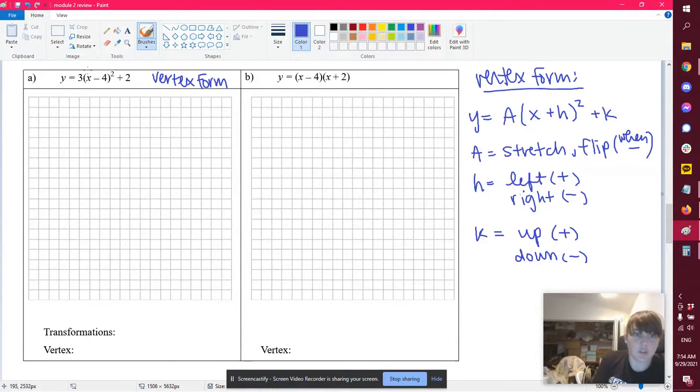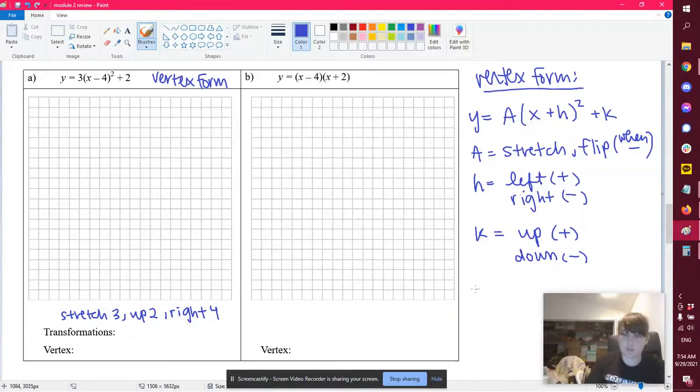So the transformations on our problem is we've got a stretch by 3. We're moving up 2, because it's up 2 in the back. And then we're moving right by 4, because there's a 4 inside the parentheses, and it's negative, which means right.